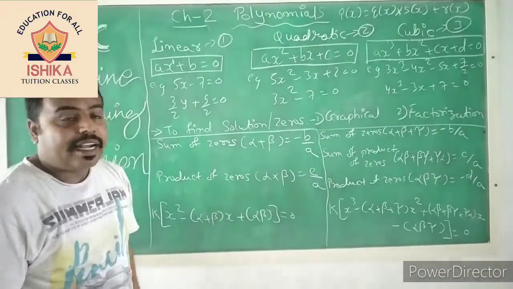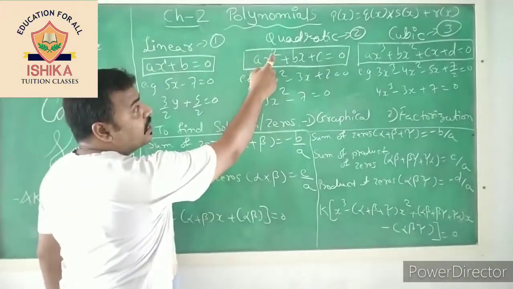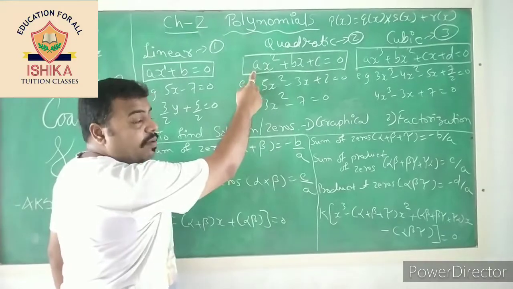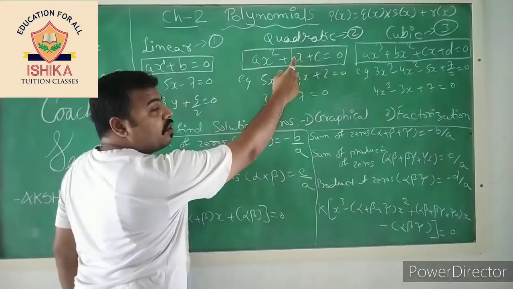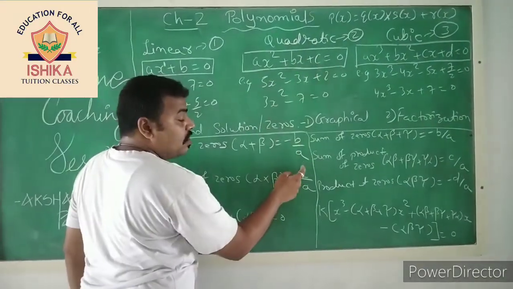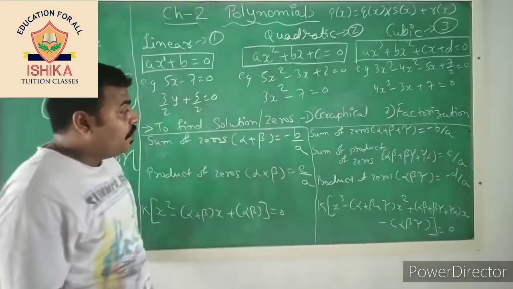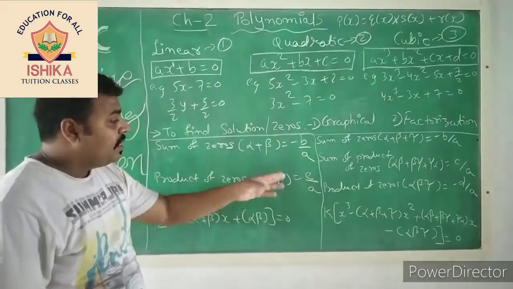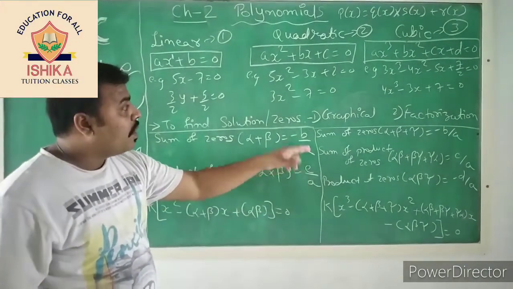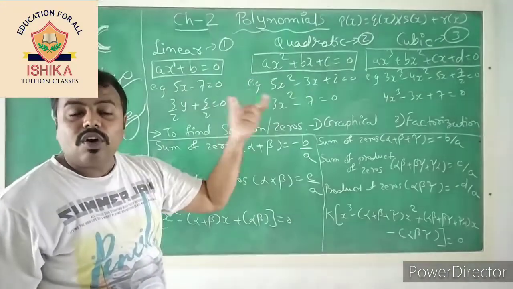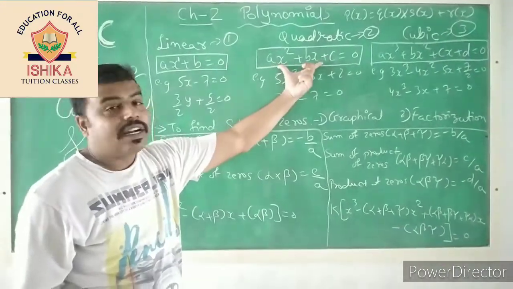Here a is the coefficient of x square, b is the coefficient of x, and c is the constant term. These a, b, c can be obtained by comparing the given quadratic polynomial with our standard form.